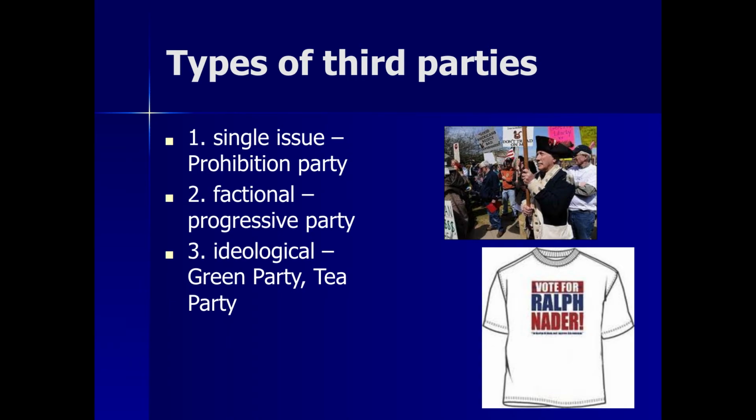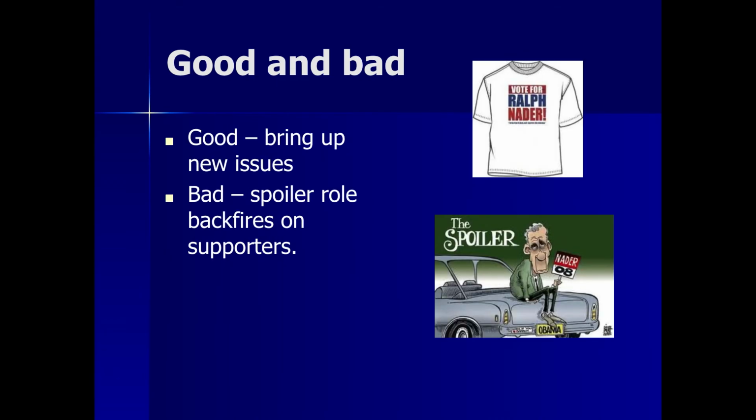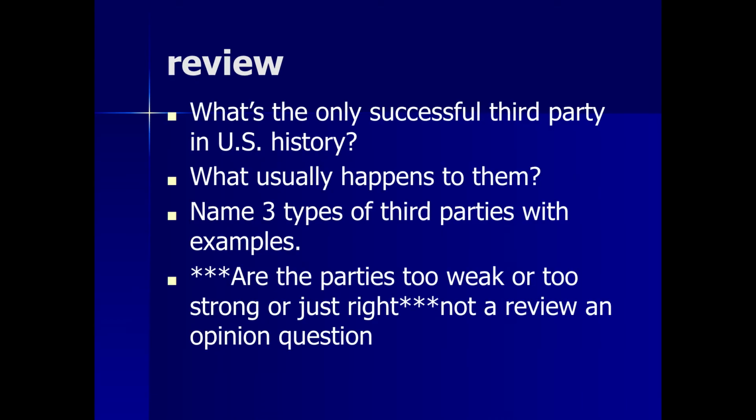Well, the Republicans and the Progressives split the vote and elected a Democrat, Woodrow Wilson. And the ideological party, these are the true believers on the far left and on the far right. Okay, good things about new parties: they bring up new issues that the main parties are scared of. The bad part is they spoil things for their side.